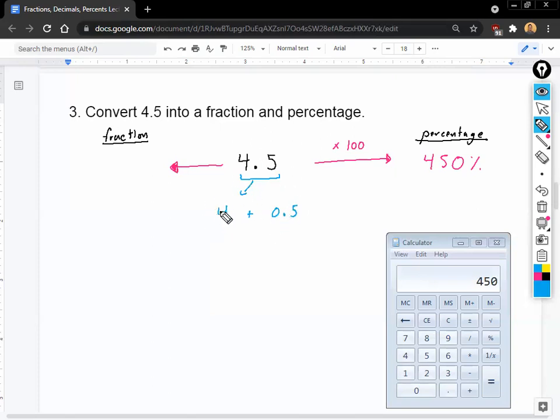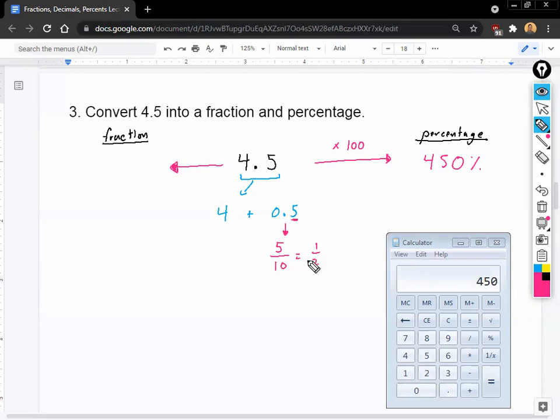So we know that 4 is just a regular whole number, but this is a decimal. So if I wanted to turn 0.5 into a fraction, what fraction is 0.5 equal to? Yeah, so 5 is in the tenths place, so it would be the same thing as 5 over 10, right? Which we can reduce down into 1/2.